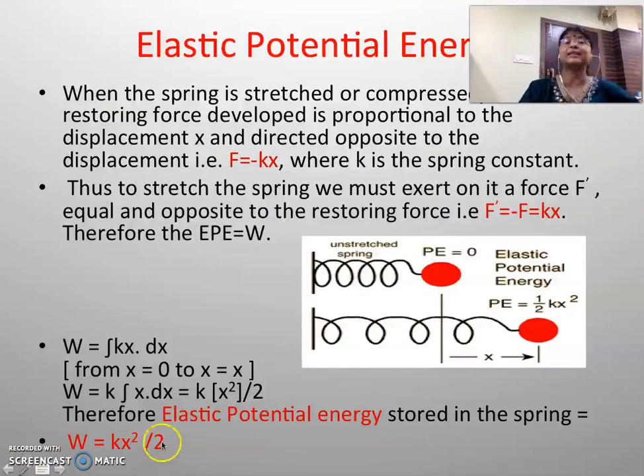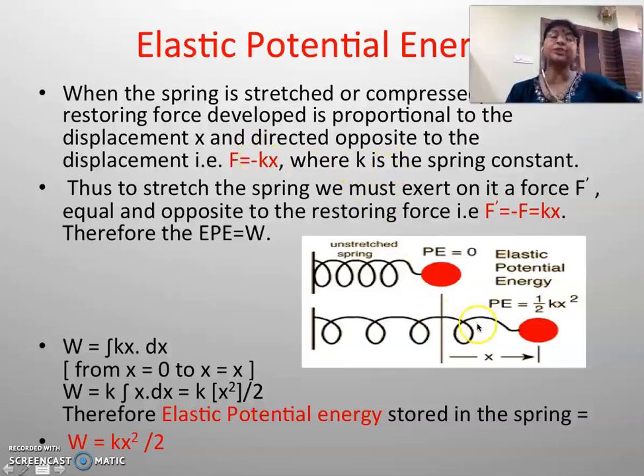Now let me consider the elastic potential energy. Just consider this is a spring whose initial length is fixed, say L, and it may be compressed or stretched by applying some force. When a spring is compressed or stretched, because of its elastic property, a restoring force develops inside the body. This is proportional and opposite to the displacement: F is equal to minus Kx, where K is the spring constant.